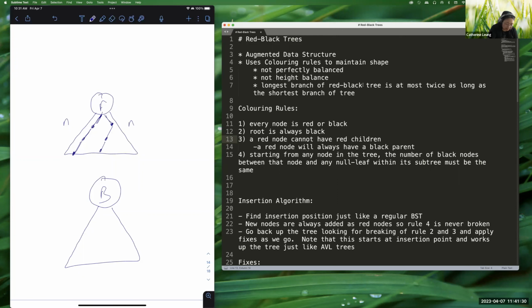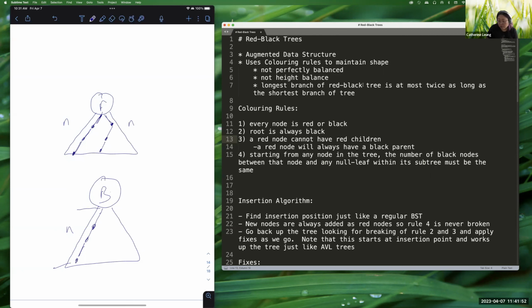Now, if I then suddenly change the root from red to black, what happens? Well, I didn't change anything else in my tree, right? So in here, I still am going to have exactly n black nodes not counting the root. Okay, before and after is the same. Every single branch has n.